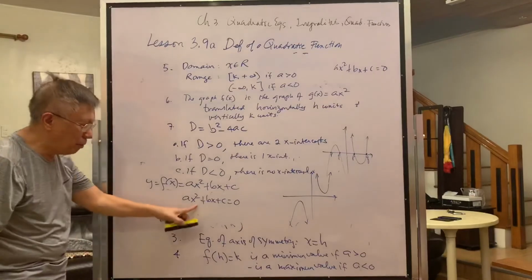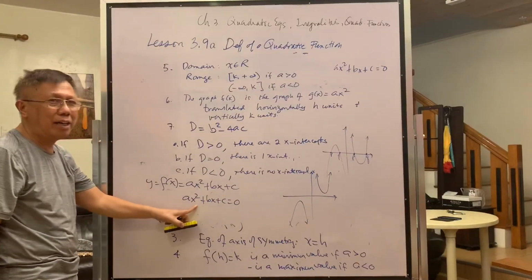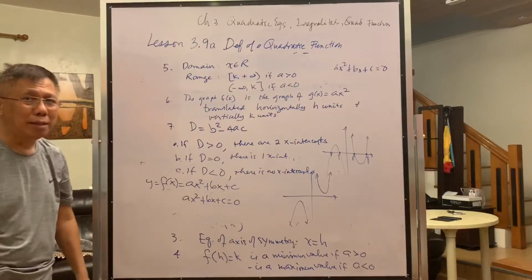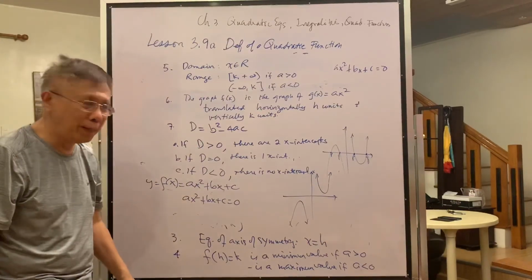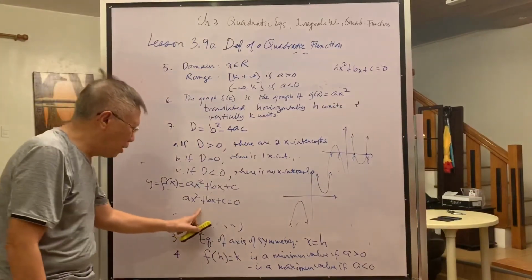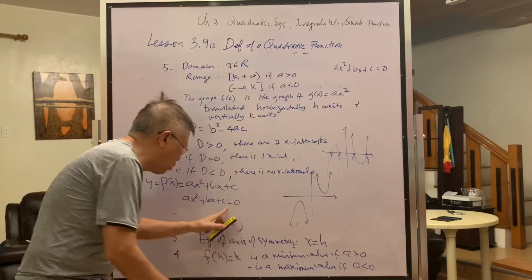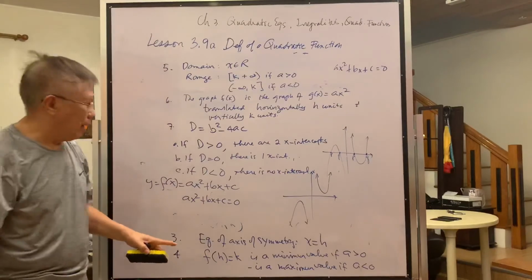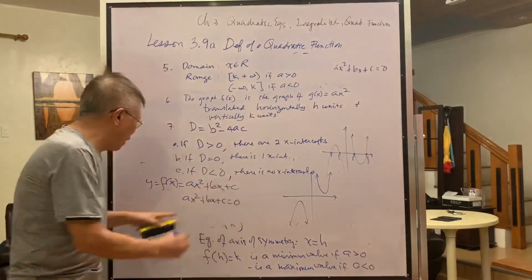And we know the solution to this is given by x equals negative b plus or minus square root of b squared minus 4ac, all over 2a. So I can get two roots. These roots that I get, I will term the zeros of this function.